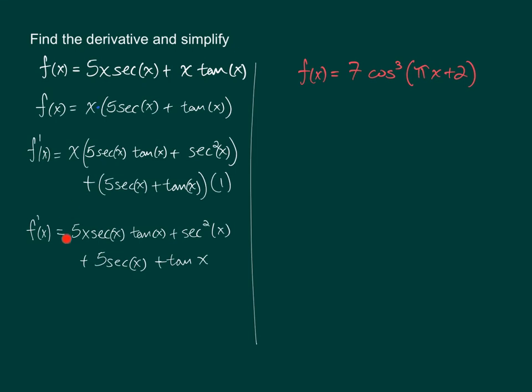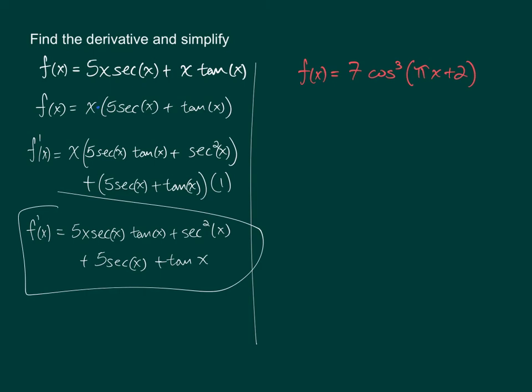So this entire piece here is the entire derivative. It continues to the next line. And it doesn't look like we can pull anything out of all 4 terms. So this will be your final answer here.